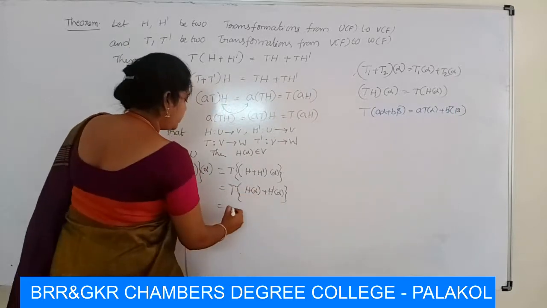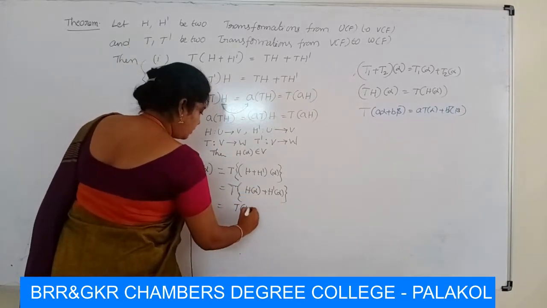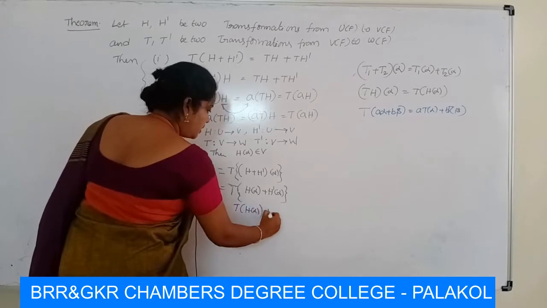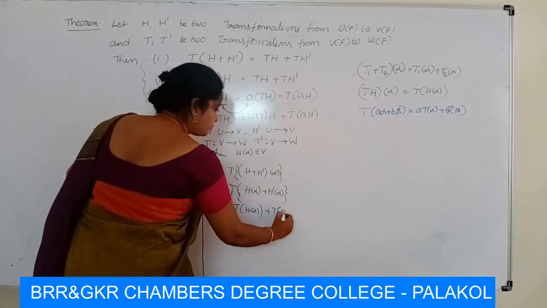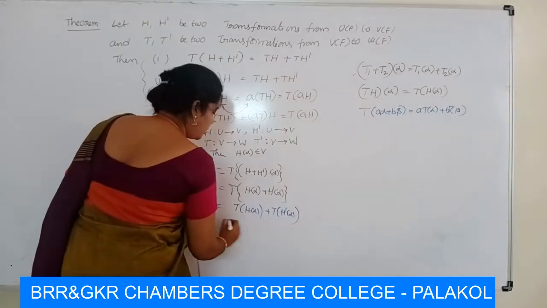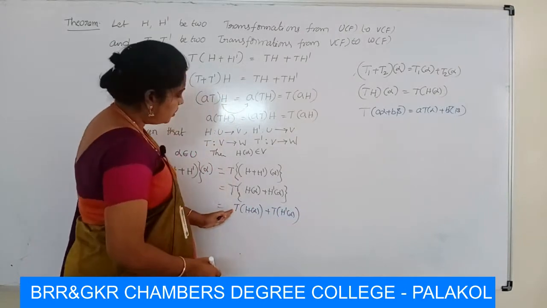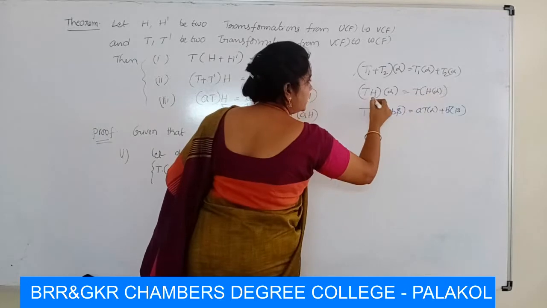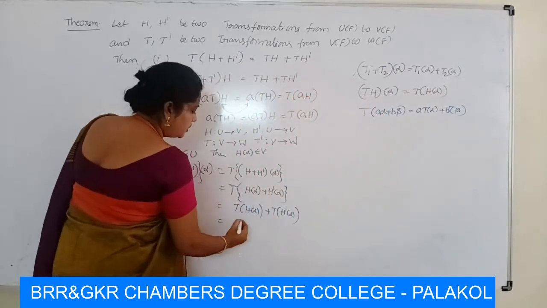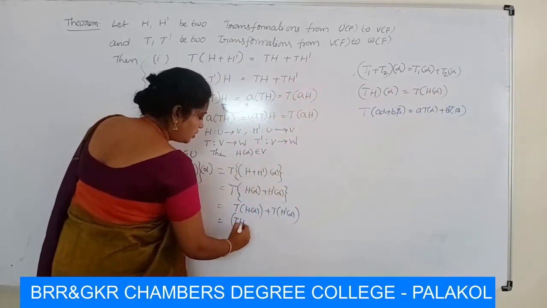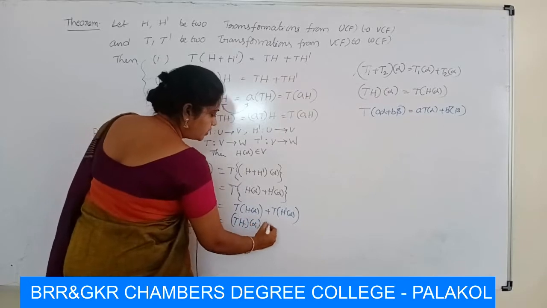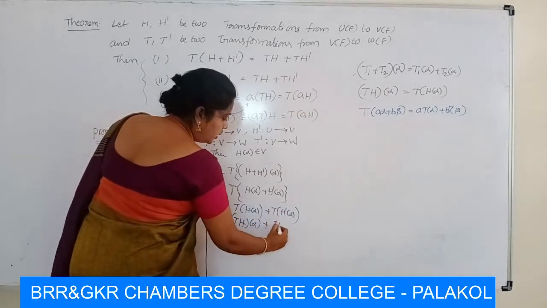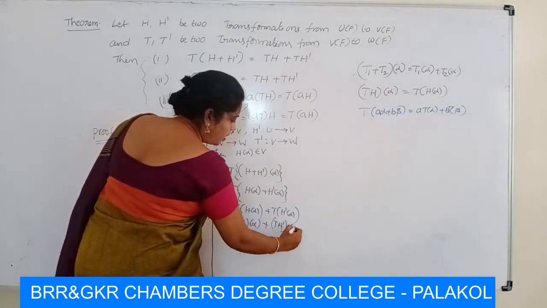Then we get T of H of alpha plus T of H dash of alpha. Now again, by the product of the transformations, T of H of alpha can be written as TH of alpha. So this can be written as TH of alpha plus TH dash of alpha.